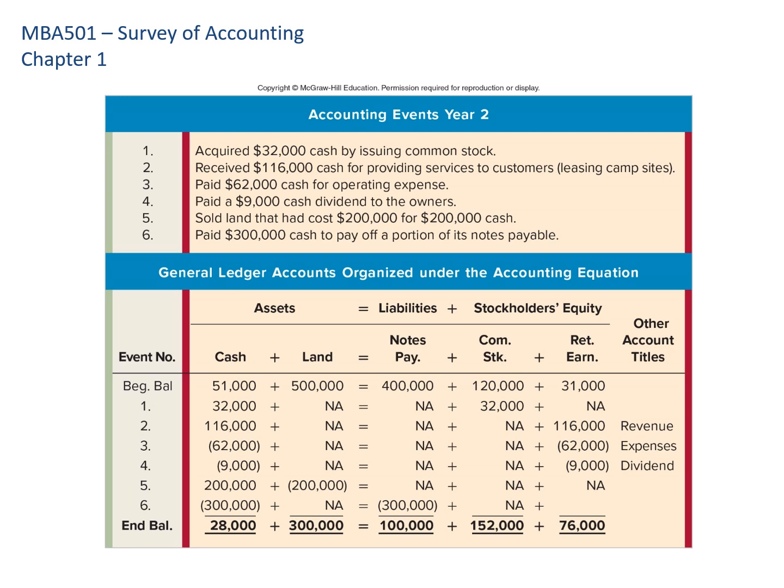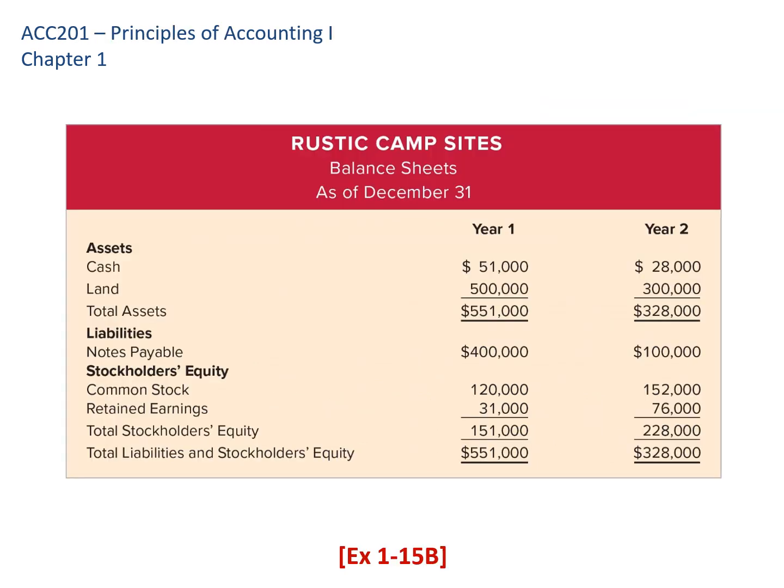So in this case here, I'm showing the second year of accounting events for that fictional company we had. And you can see the beginning balance there, kind of in the middle of this slide, is the same as the ending balance from the previous year. And then we have the transactions for the year with new ending balances. So now we can do a comparative balance sheet. We can show what was the situation for this company, what was their health at the end of this year compared to the end of last year.